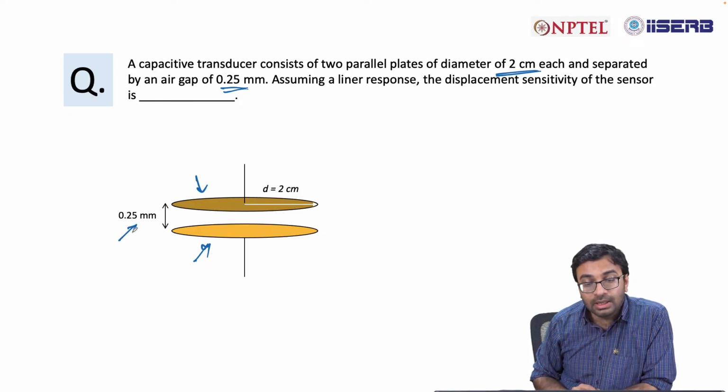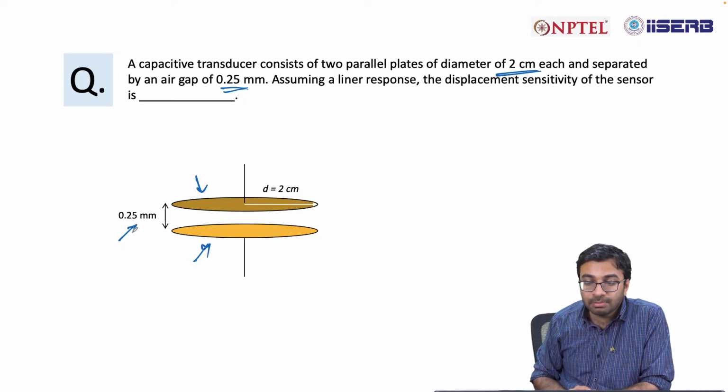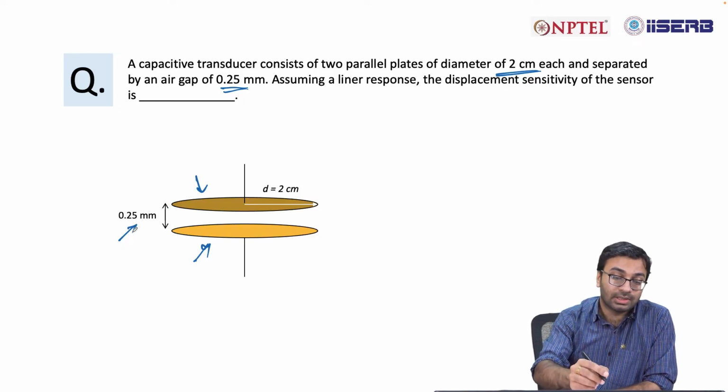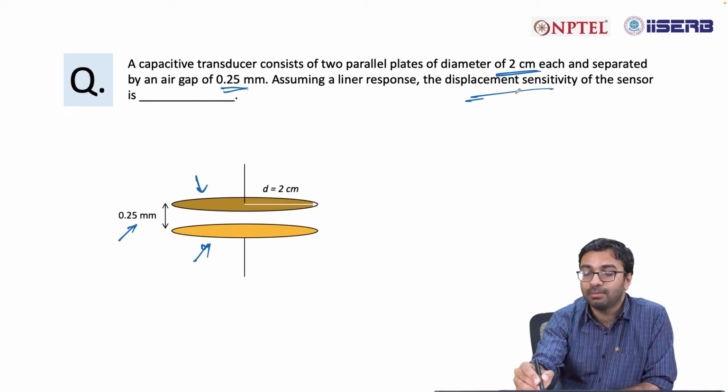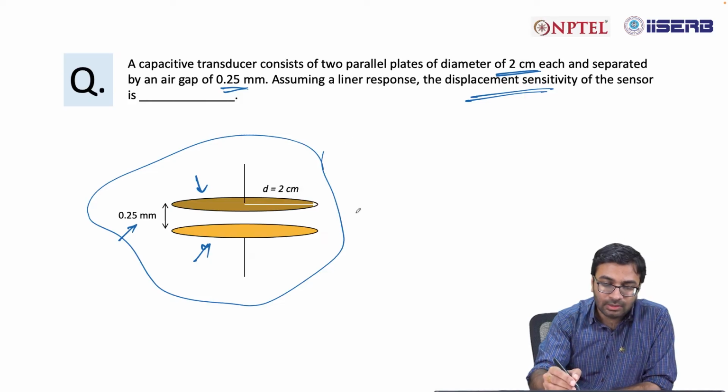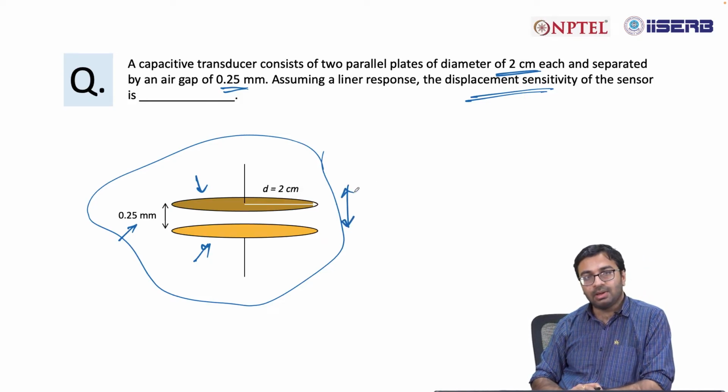Now, assuming a linear response, the displacement sensitivity of the sensor is. So, you have to figure out what is the displacement sensitivity. That means the sensitivity of the entire sensor with respect to the displacement. That is what we need to figure out.